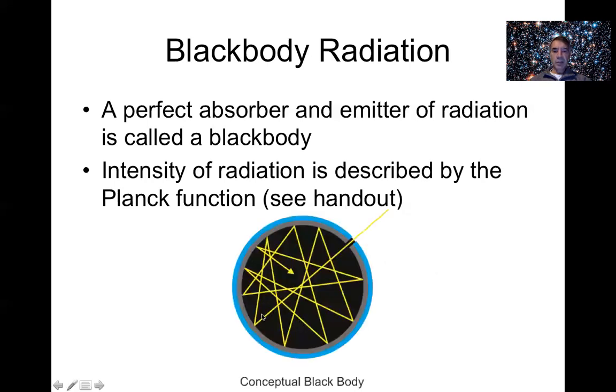Now, I've got this diagram here, again trying to build up that idea of what a black body physically is. You can get quite close to recreating a perfect black body in the laboratory, and what you would do is illustrated here.